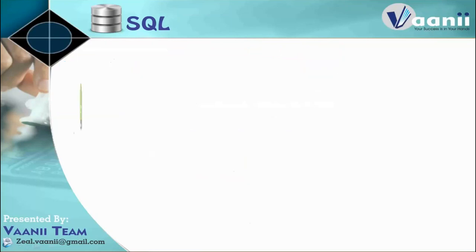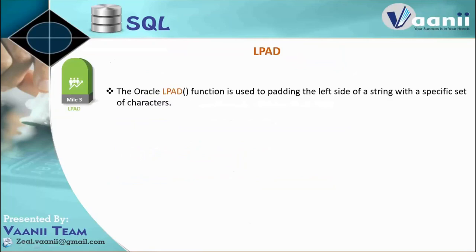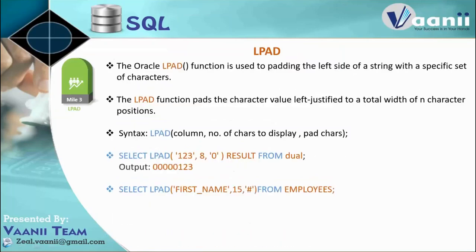Likewise, in LPAD we have the same syntax. Instead of R, we use L, and then it is going to be LPAD. Suppose 1, 2, 3, and I want to have a total of 8 digits here.